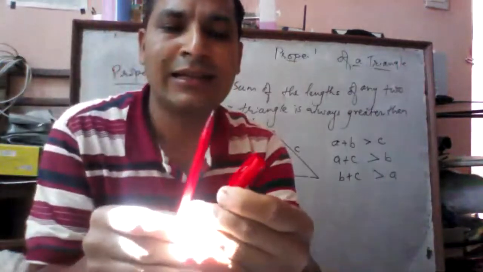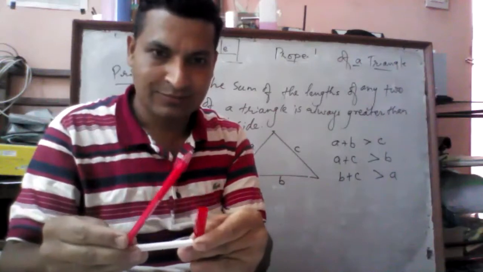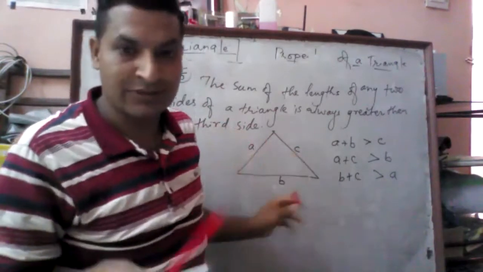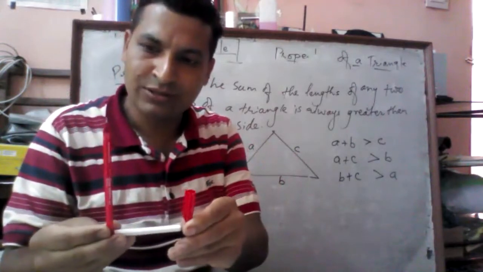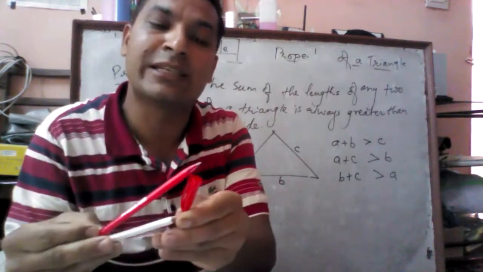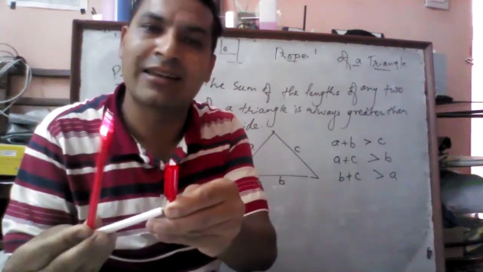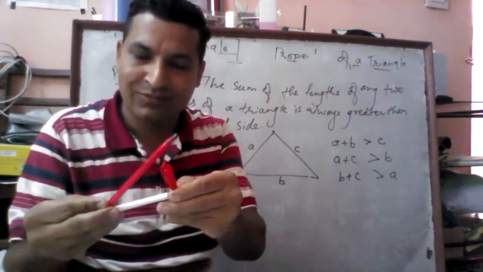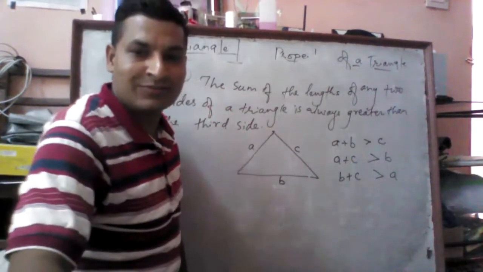In this condition, if we try to make a triangle by joining the tips of these 3 sticks, like 3 sides of a triangle, then it is not possible to join the tips. You see, the tips cannot be joined. Triangle cannot be formed. Yes, this is property number 5.